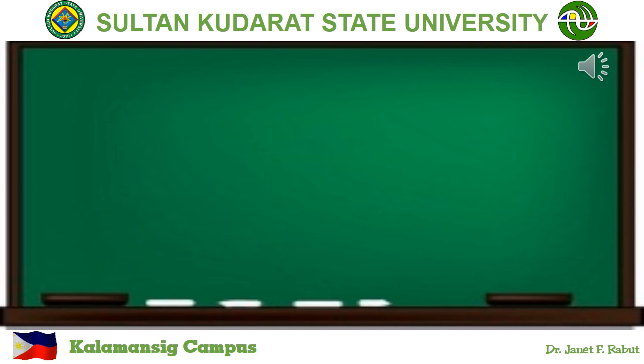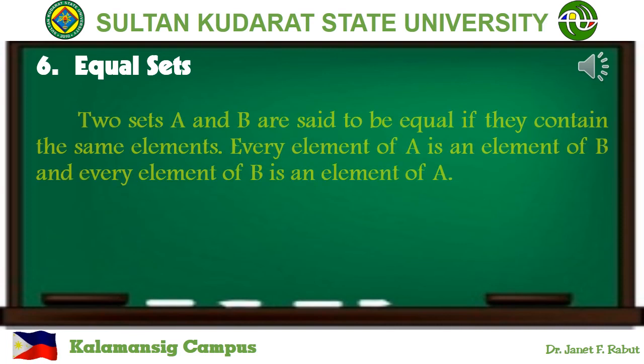And the last type of set is what we call equal sets. When we say equal, two sets A and B are said to be equal if they contain the same elements. It means that every element of A is an element of B, and the other way around.